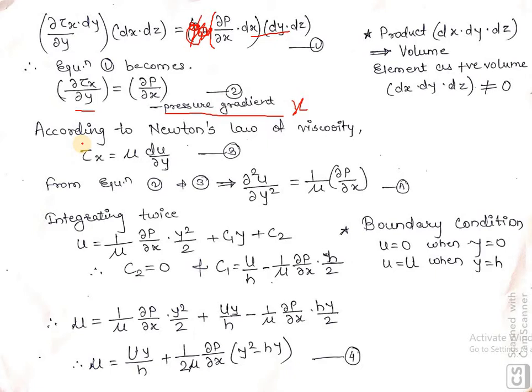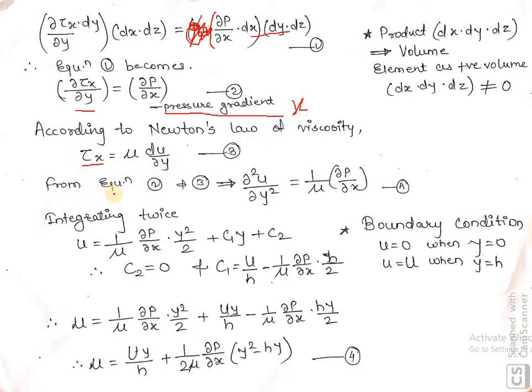Now our assumption is that the fluid obeys Newton's law of viscosity. So according to Newton's law of viscosity, we have the formula P equals μA into U by h. Now here you can see that P by A can be written in the form of stress, so the shear stress in the x direction equals μ into du by dy, where u is nothing but the velocity along the x direction and ∂y is the height of the fluid element.